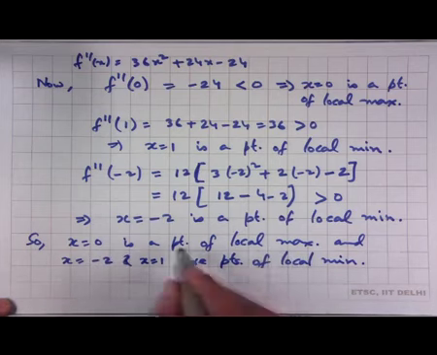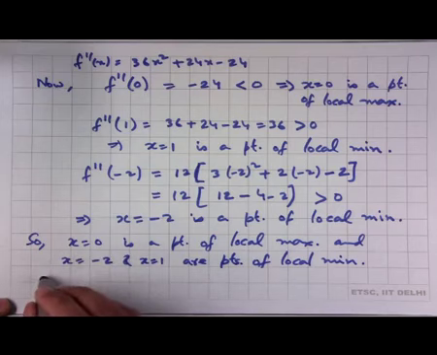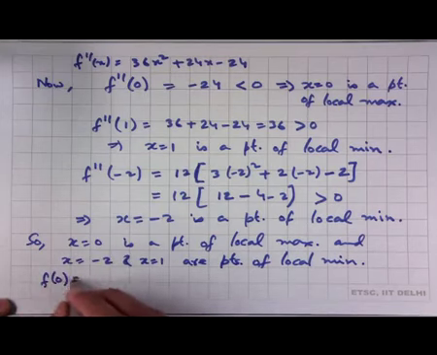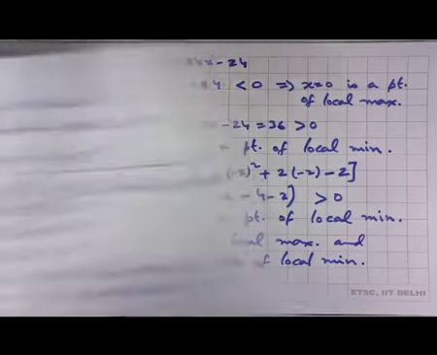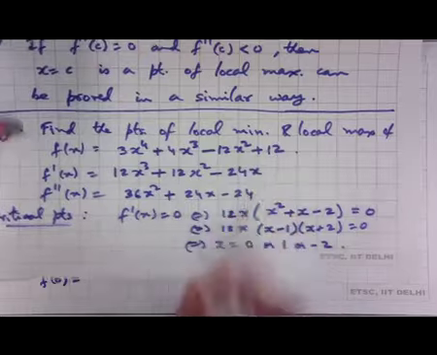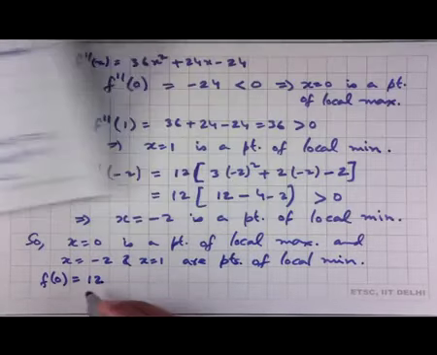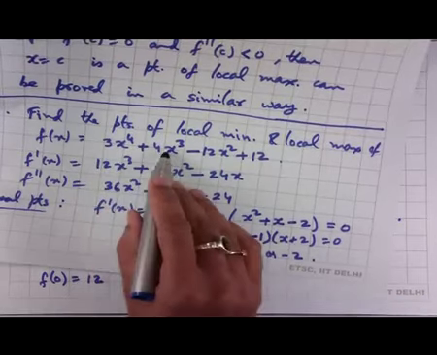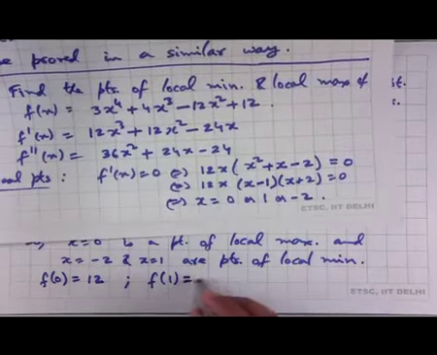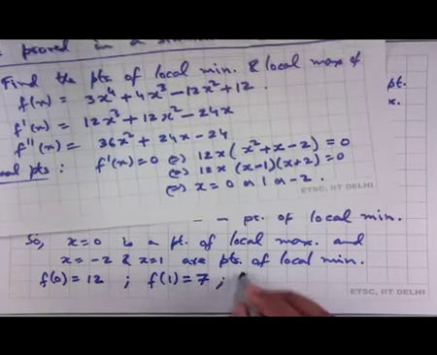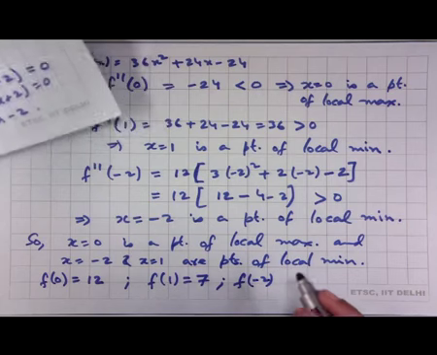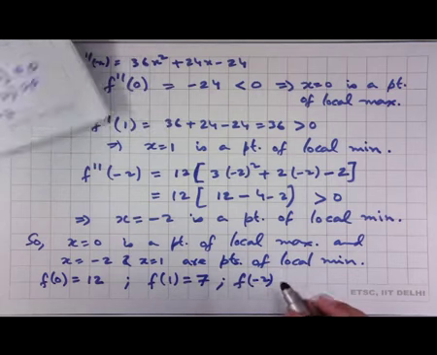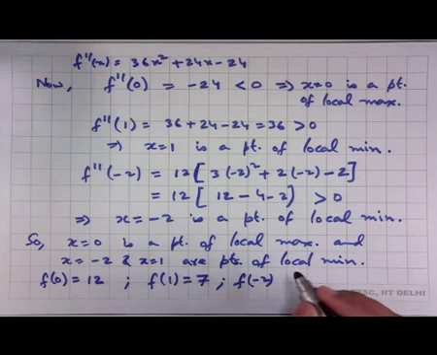If we look at the value of the function at these points, f of 0 is equal to 12. So, this is the value at local max, and f at 1, if you calculate, this is 3 plus 4 minus 12 plus 12, this is equal to 7, and f at minus 2 turns out to be minus 20.